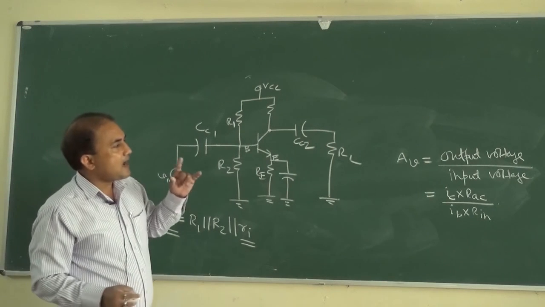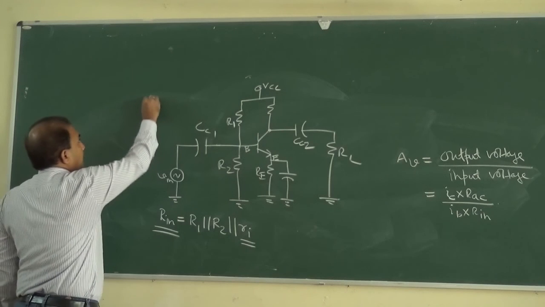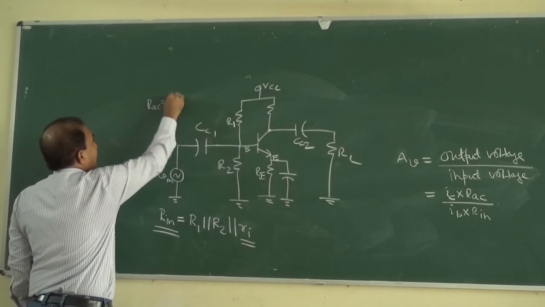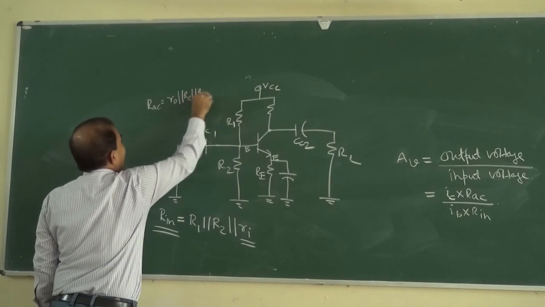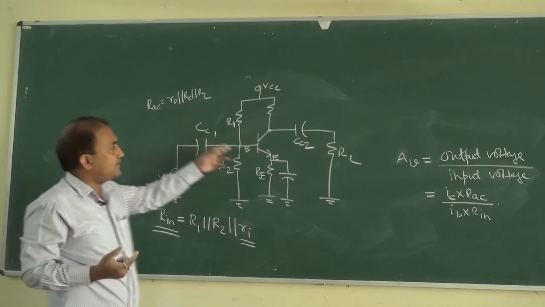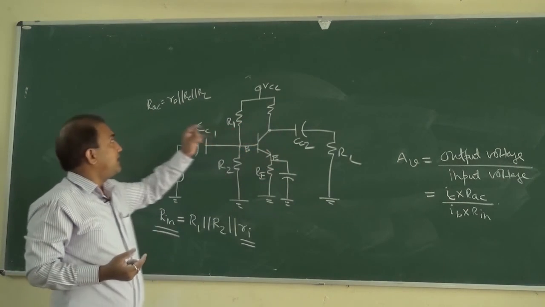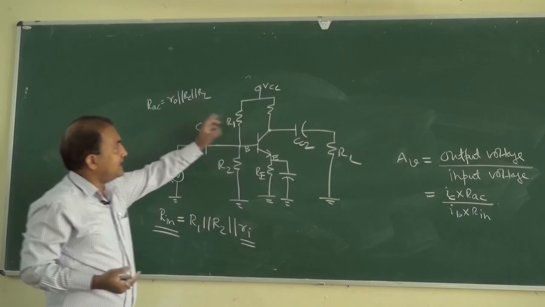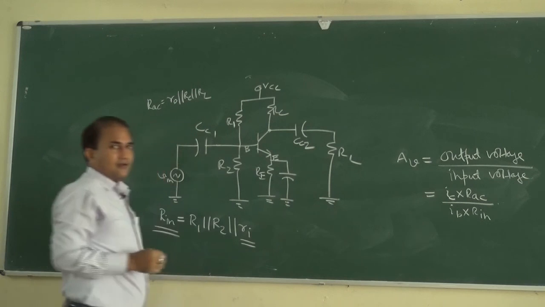And how can we determine RAC? RAC is equal to RO in parallel with RC in parallel with RL. RO is the output resistance of this BJT, and this is RC and this is RL.